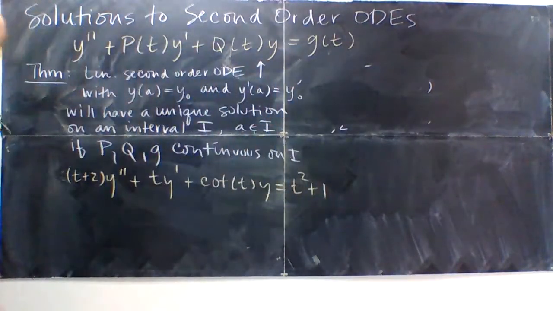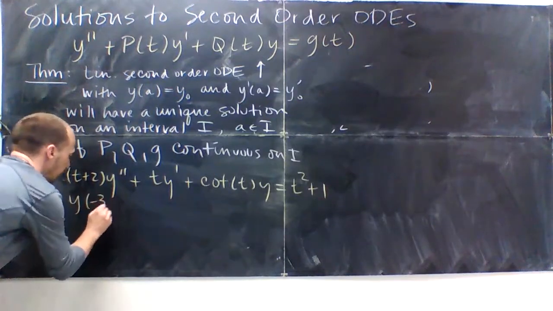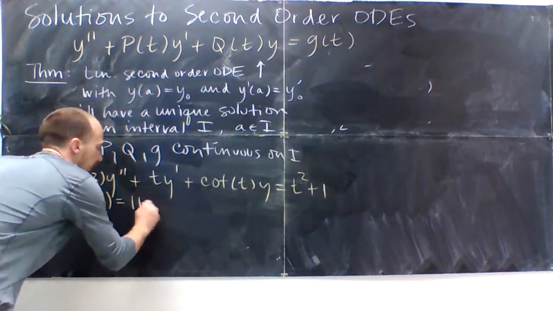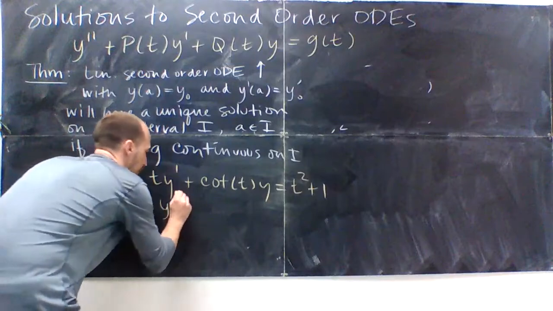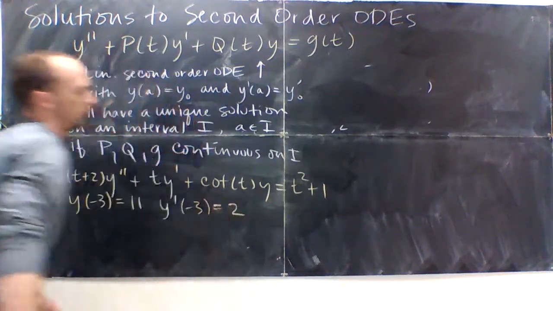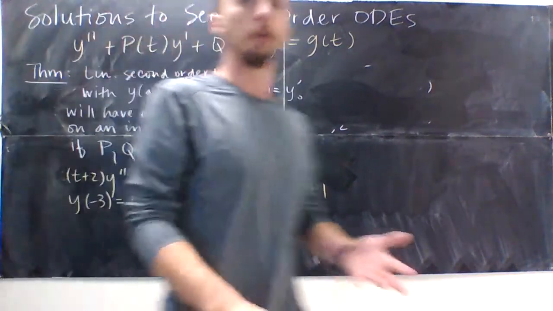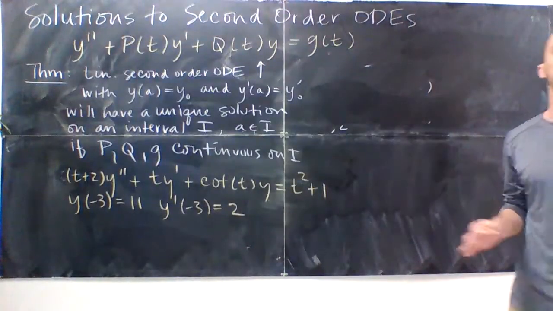And we know that y of negative 3 is 11. Not sure why, my 11. And y prime of negative 3 is equal to, I don't know, maybe something like 2. And we want to know what is the interval on which there is going to be a solution to this differential equation.